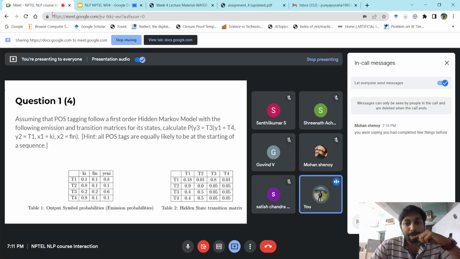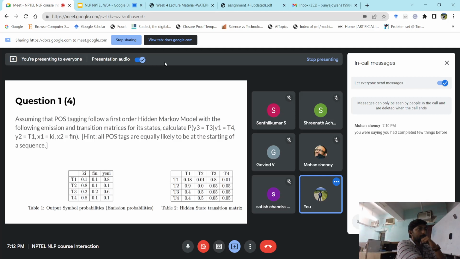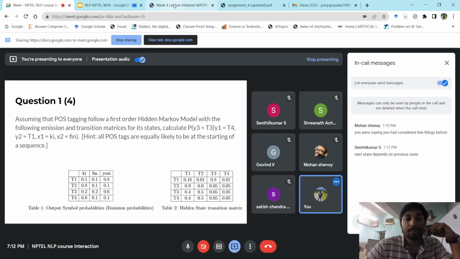So can anyone write in brief what is hidden Markov model? Yeah, anyone? Can anyone say?